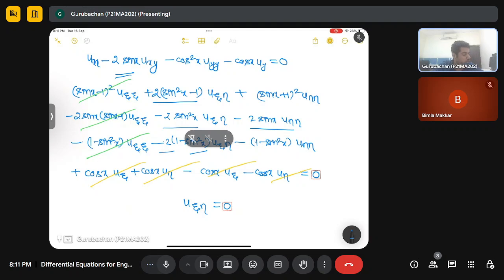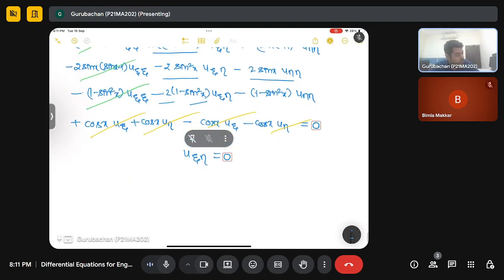Okay, so when u xi eta is equal to 0, then u xi will be some function of, since the partial differentiation with respect to eta is 0, this has to be a function of xi only.